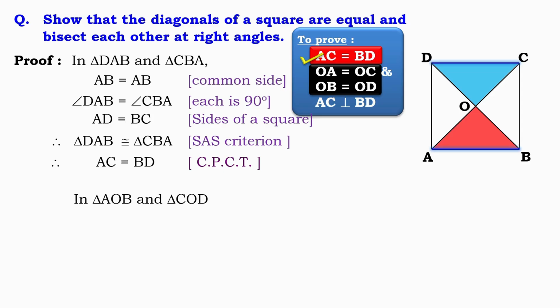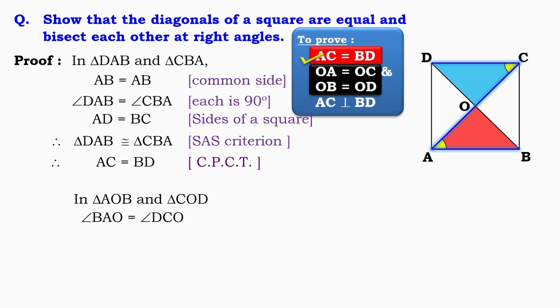We can clearly see that AB is equal to DC, right? And another thing, since it is a square, the opposite sides are parallel also. So AB is parallel to DC, and here AC is the transversal line. We know that if there are two parallel lines and a transversal line, then the alternate interior angles are always equal.